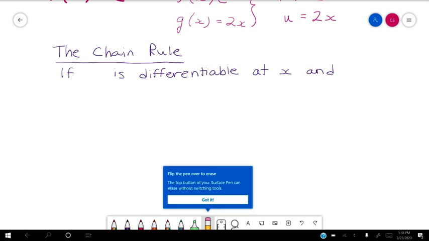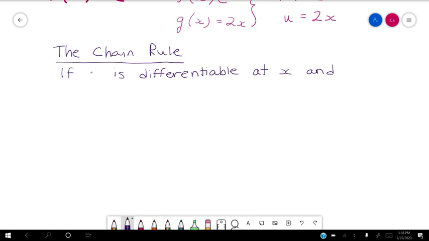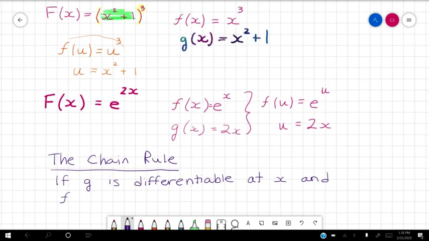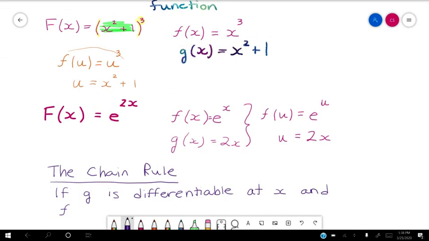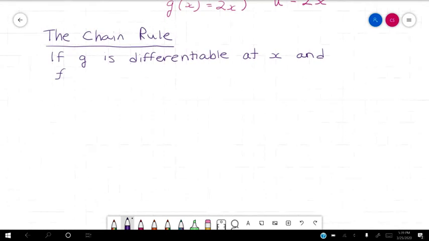Sorry, guys. Let's erase that f. It's if g, the inside function, is differentiable at x, and then we plug x into g. We plug x into g, and then we plug g into f. So that's why we have that. So g is differentiable at x, and then f is differentiable at g of x.